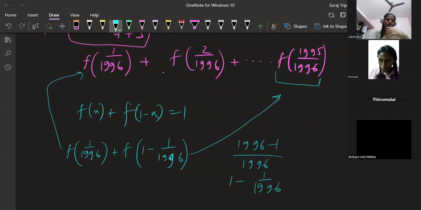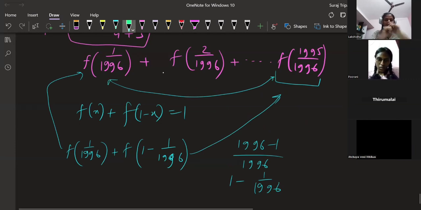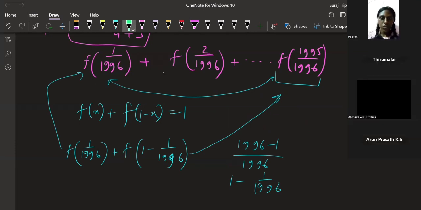Yes, sir. So the addition of these two functions, but y is 1 minus x. If you solve this, how much will you get? What's your doubt? Why are we applying this property here?